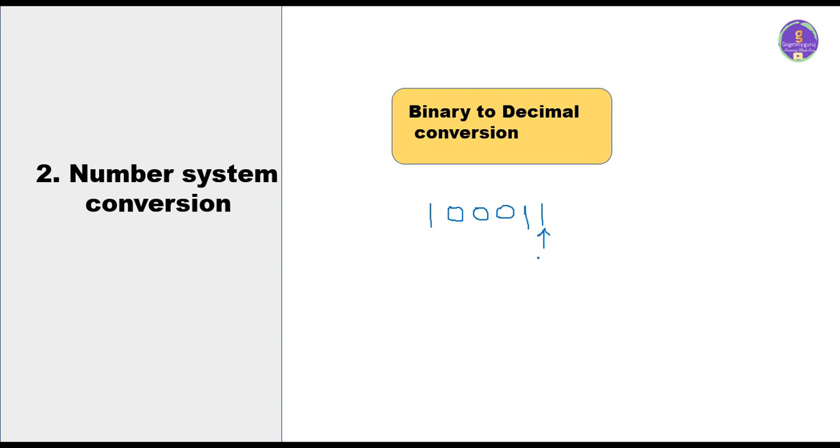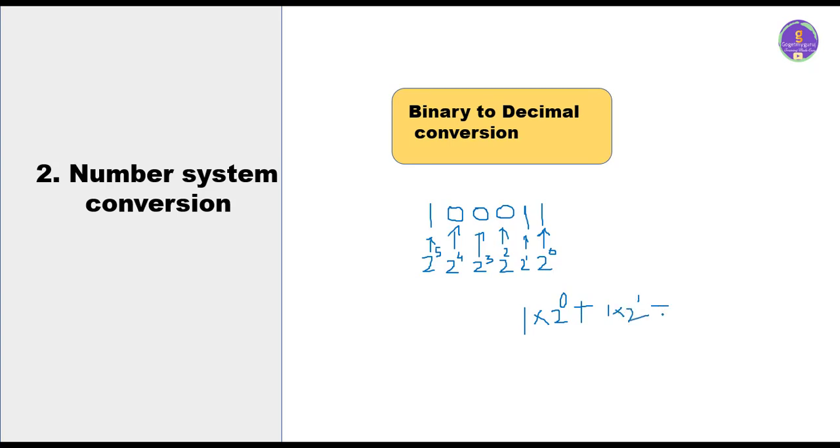So this is nothing but 2 power 0, or 2 raised to 0. This is 2 raised to 1. This is 2 raised to 2, 3, 4 and this is 5. So what you have to do is multiply the respective digits. So 2 power 0 is 1. So 1 into 2 power 0 plus 1 into 2 power 1.